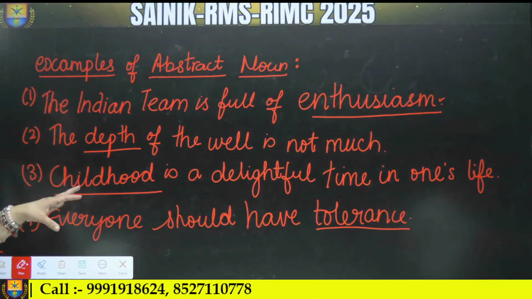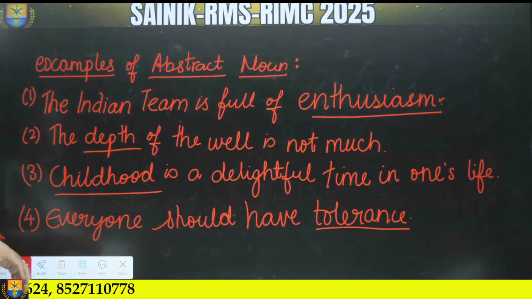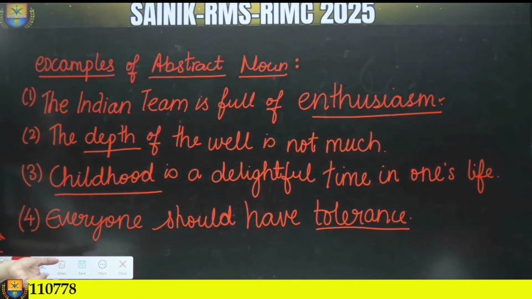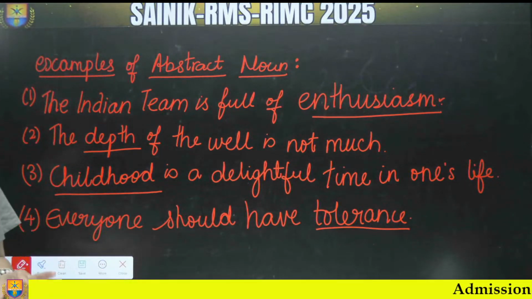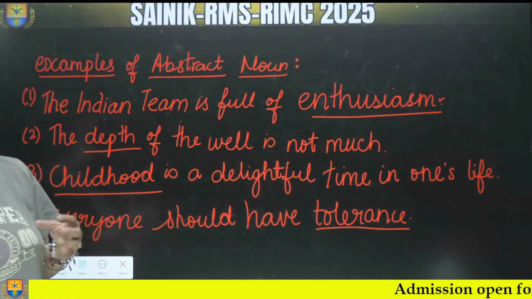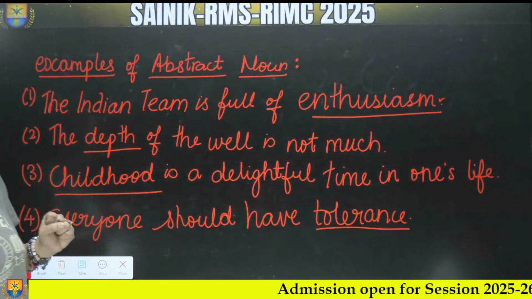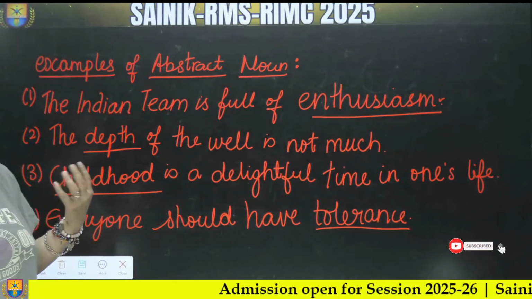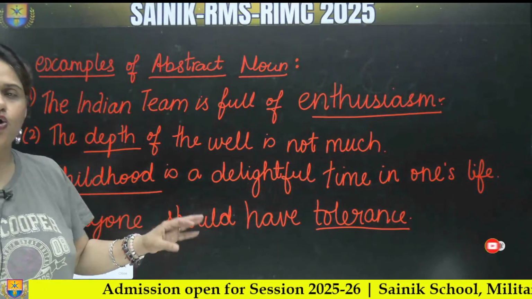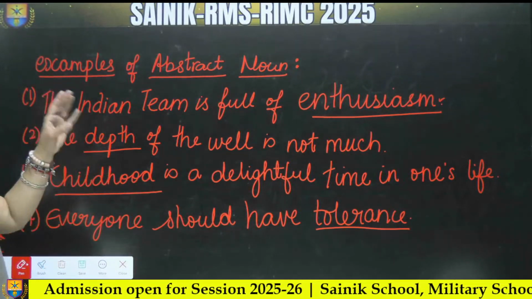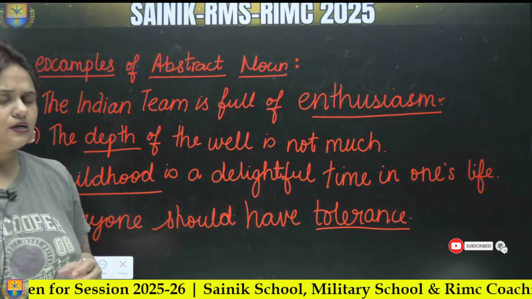So childhood is a word which we can only feel; we cannot touch it. Everyone should have tolerance, patience. Everybody means everyone. We all have tolerance, and we cannot touch it, but we can feel it and make others feel it too. So these are the words highlighted in abstract noun: enthusiasm, depth, childhood and tolerance.